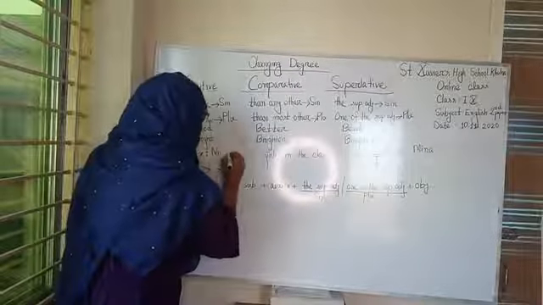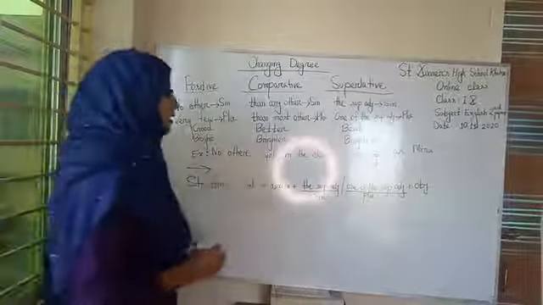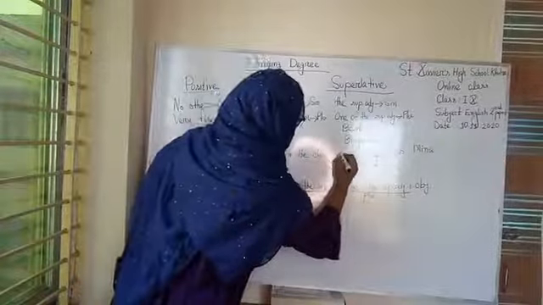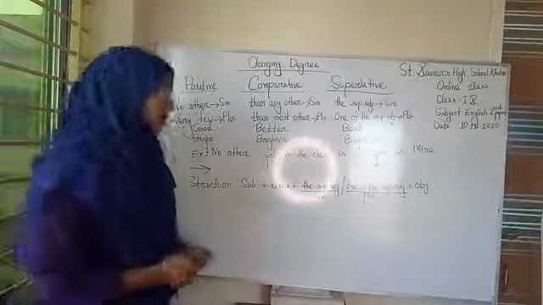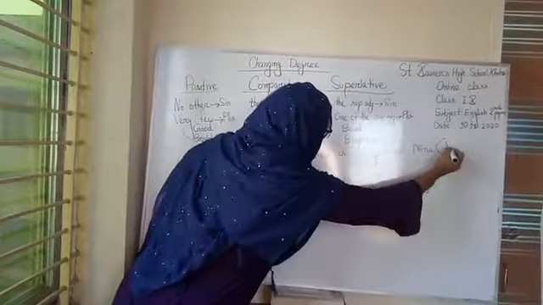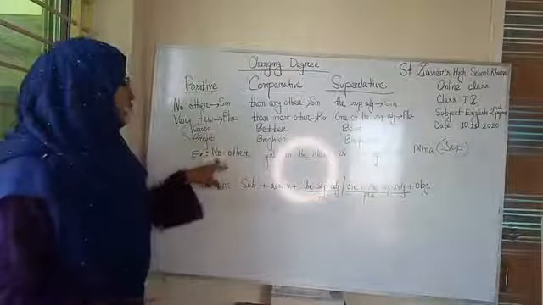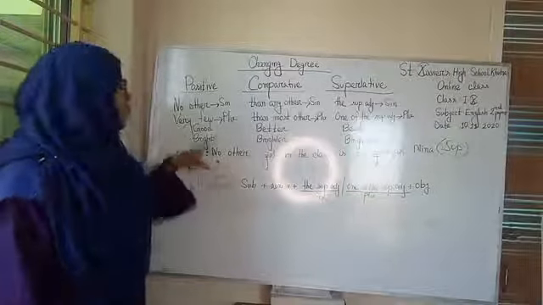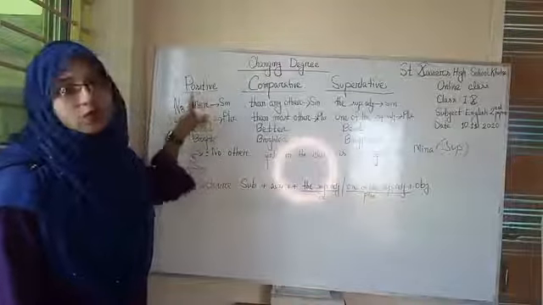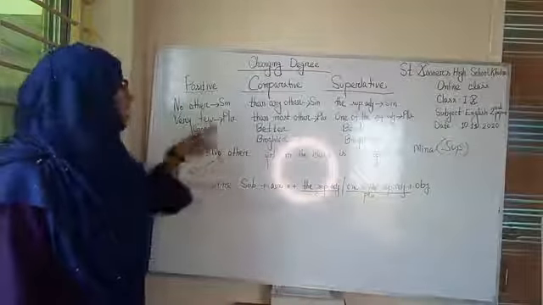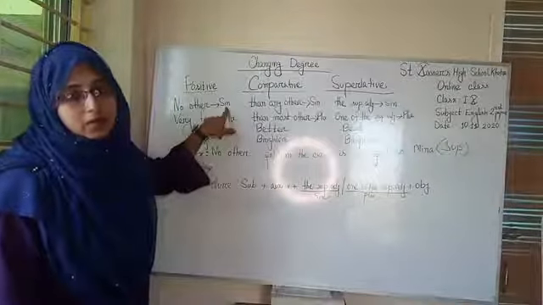No other girl in the class is as good as Meena. Same way you have to do it, superlative. So at first you have to look at what type of degree it is. এটা কোন ডিগ্রিটা আছে? নো আদার দেখে আমরা বুঝে ফেলছি, এটা পজিটিভ ডিগ্রি এন্ড সিঙ্গুলার ফর্ম.